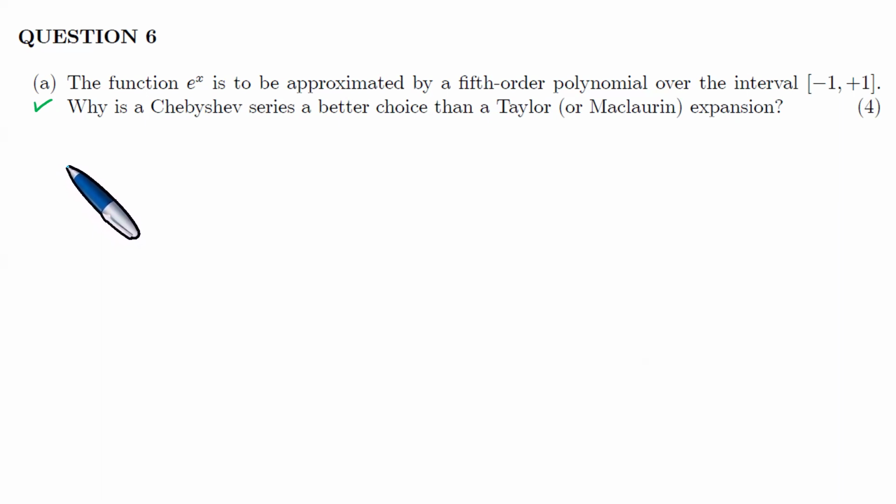So we continue. Okay. We read the question again for the 4 marks. The function e to the power x is to be approximated by a 5th order polynomial over the interval from minus 1 to 1.